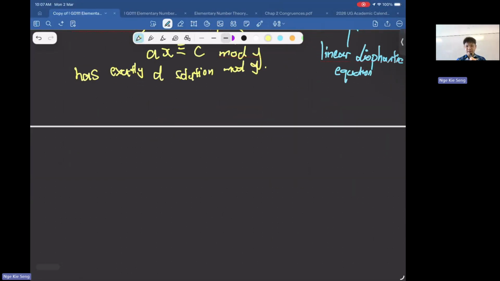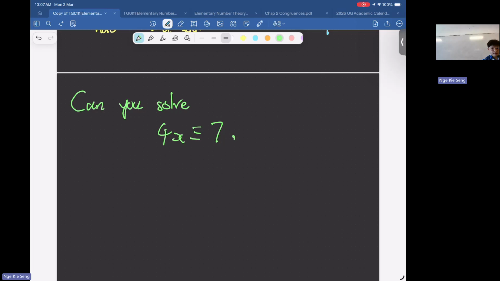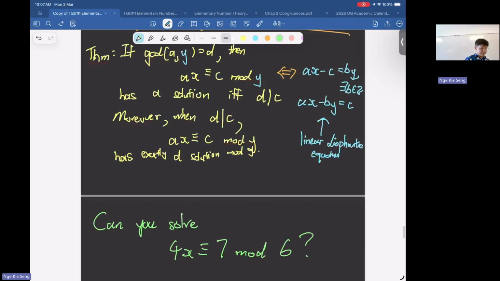Can you solve 4x congruent to 7 mod 6, based on what we said just now?